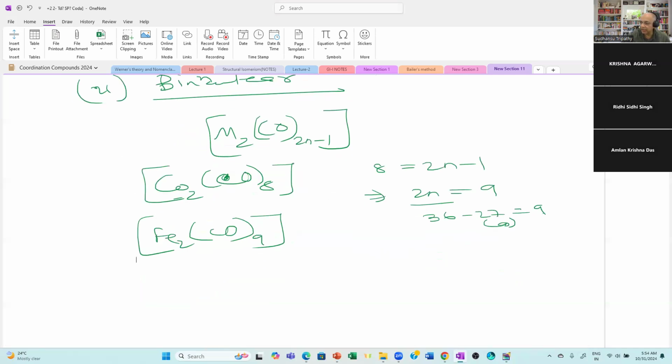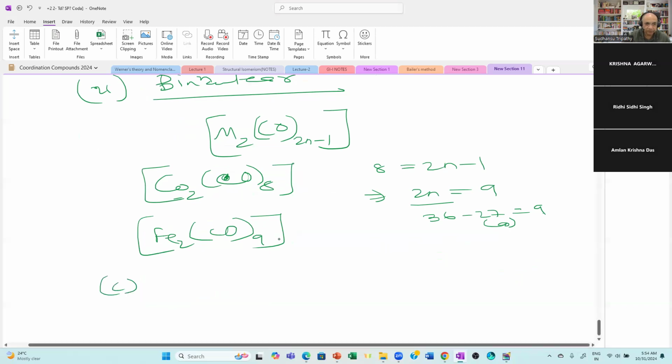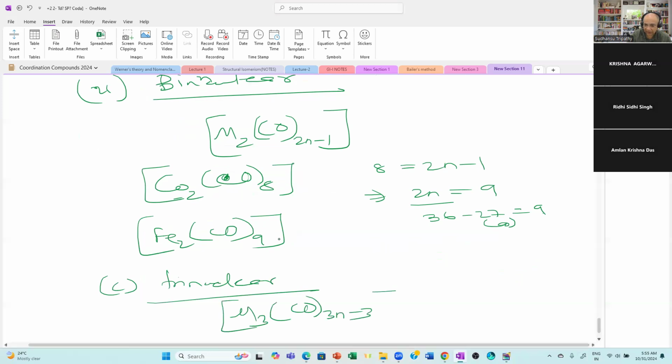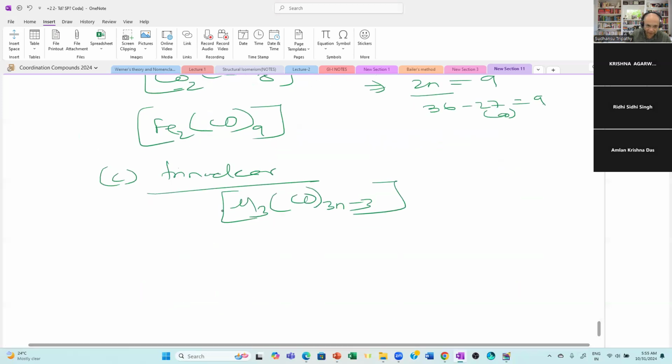Similarly, trinuclear, what is the formula? M3(CO) 3n minus 3. So Fe3 will pick up 12 carbon monoxide.